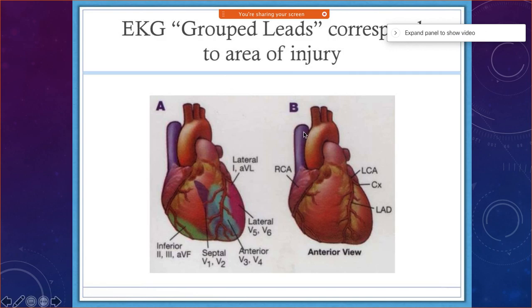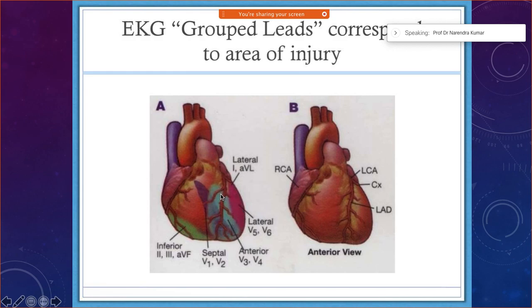Okay, so if you recall the anatomy of the heart, these are the different segments, the grouped leads which represent the different areas. We already said about it. This is the inferior wall of the heart. Then here comes the septum, this zone, and here comes the anterior wall. This is the reason the anterior wall is extensive, right?